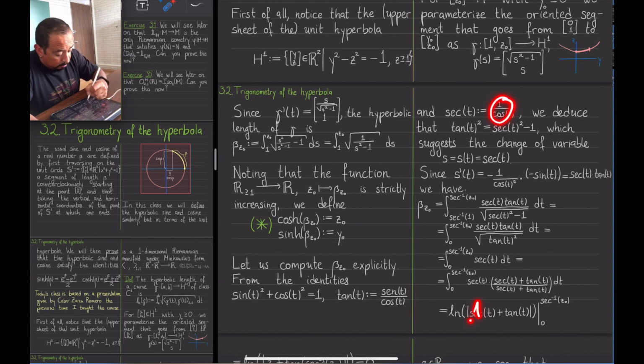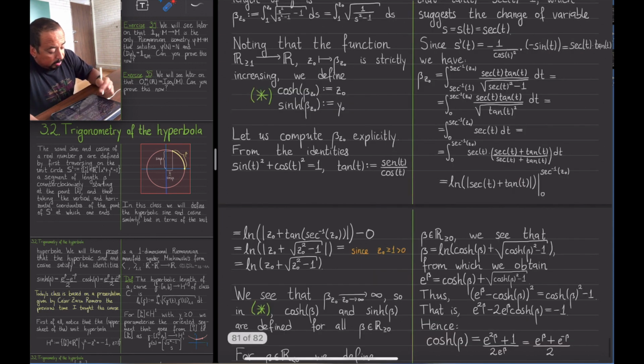So here you have 1, and tangent of 0 is 0 because sine of 0 is 0. Okay, so this is 0. So this one is a logarithm of 1, which is 0. So we obtain this.